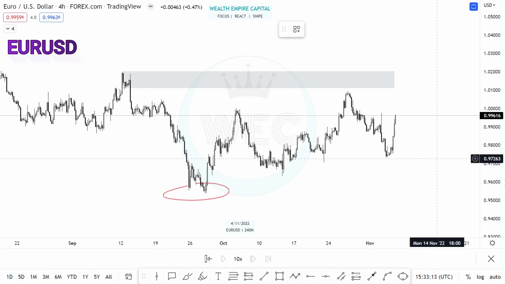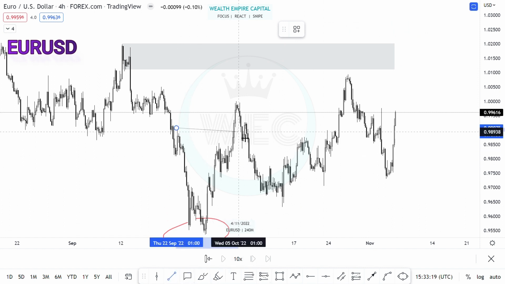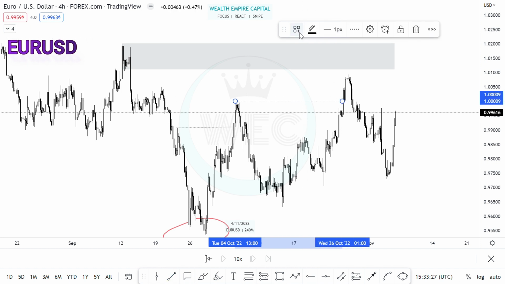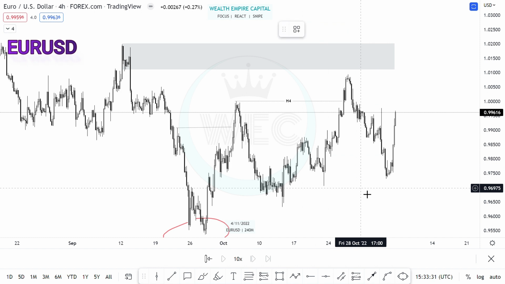And this is actually my H4 structure. So on H4, we broke to the highs over here, and the current break of structure that we have is this. So it means that H4 is also bullish, against the daily. Daily is bearish, H4 is bullish.